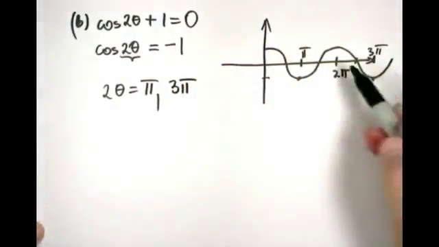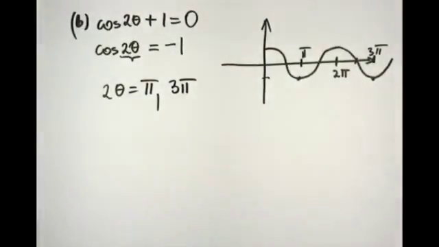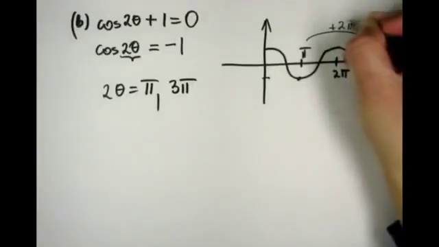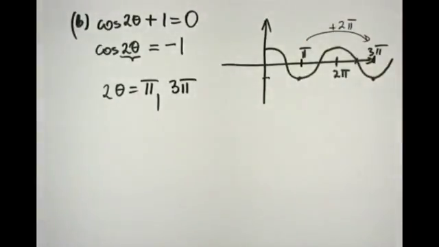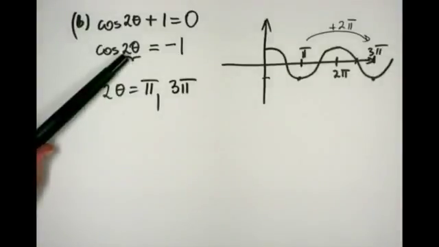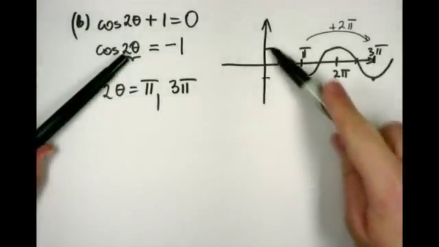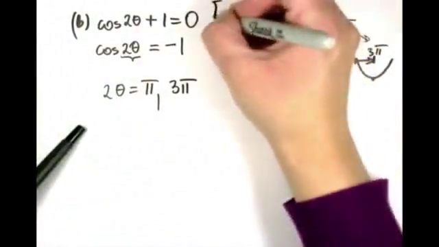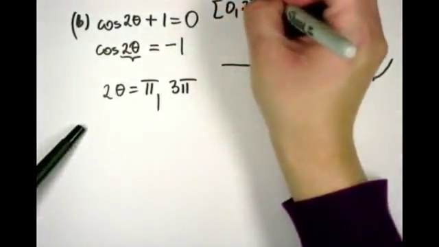Or in other words, you go 2 pi further, plus 2 pi. 2 pi further is your next revolution. Whenever you have 2, you need to go 2 revolutions, because the graph is squeezed. And we are solving, of course, this on 0 to 2 pi.